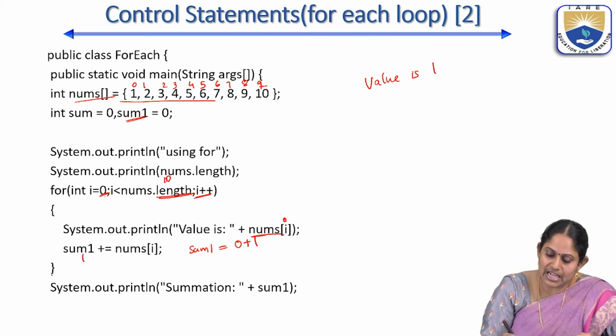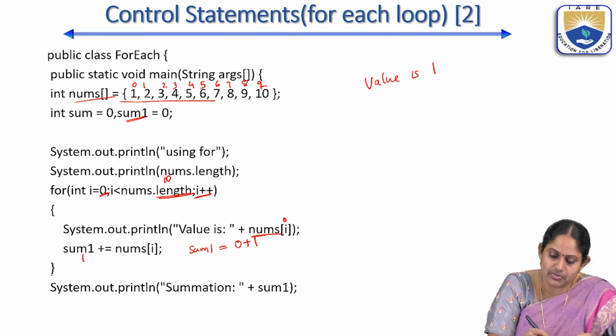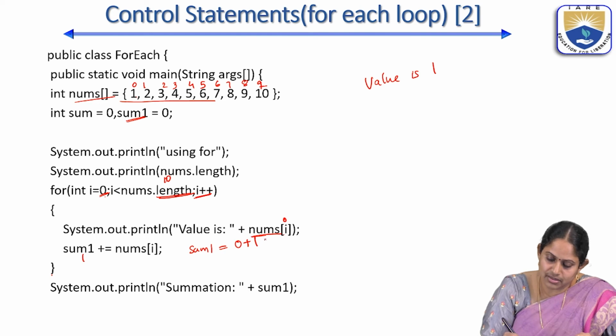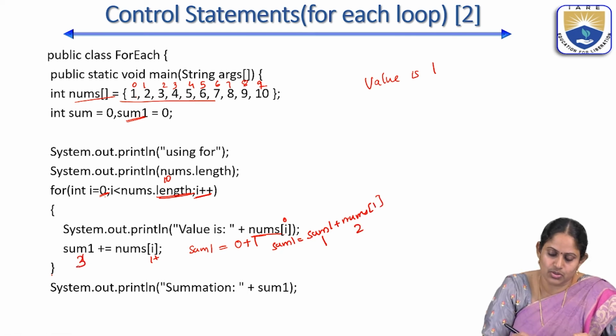The value at nums of 1 is retrieved, which is 2. So sum is equal to sum plus nums of 1. Sum is already 1, and nums of 1 is 2, so 1 plus 2, 3 will be stored into sum.